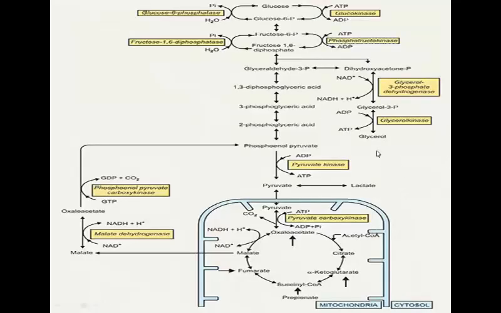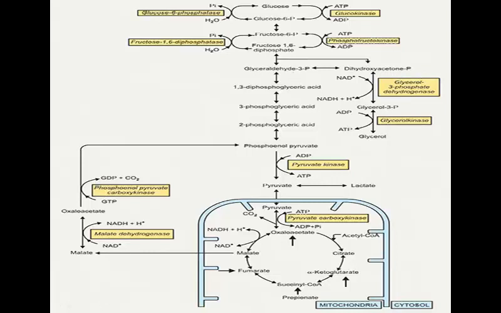See here, glycerol is first converted to glycerol 3-phosphate, which is then converted to dihydroxyacetone phosphate, and it is interconvertible to glyceraldehyde 3-phosphate.